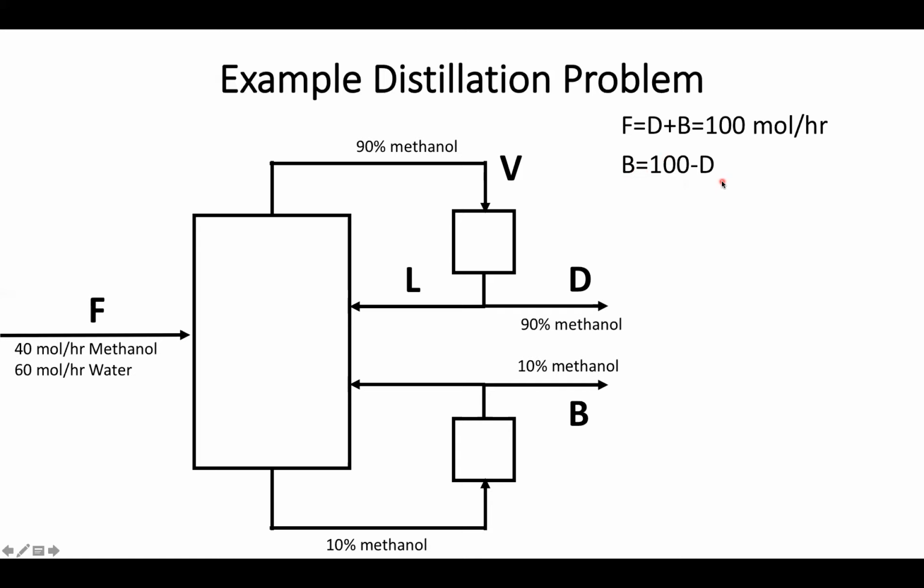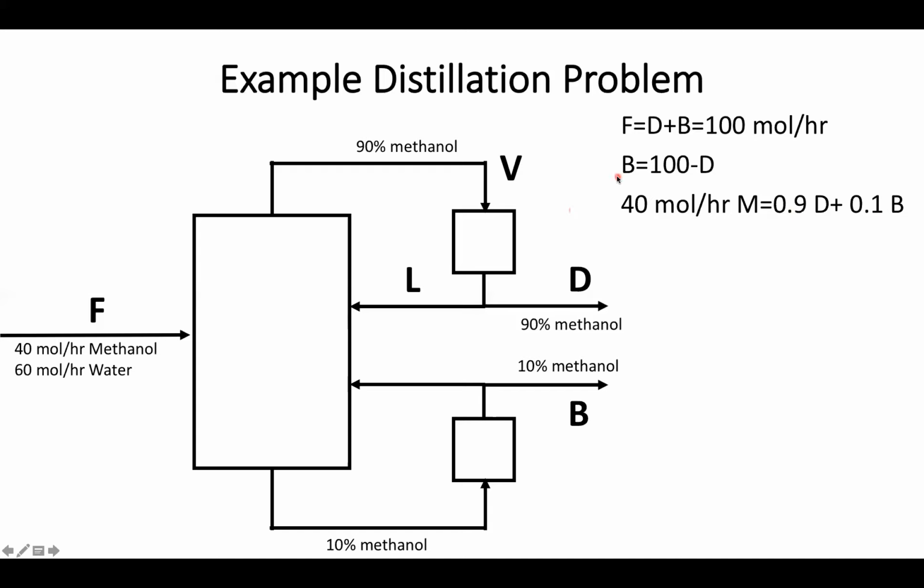This is where our old friend, the component balance, can come into play. Let's balance my methanol component. I know I've got 40 moles per hour of methanol entering the system, and I know that my distillate is 0.9, or 90% methanol, and my bottoms is 10% methanol.